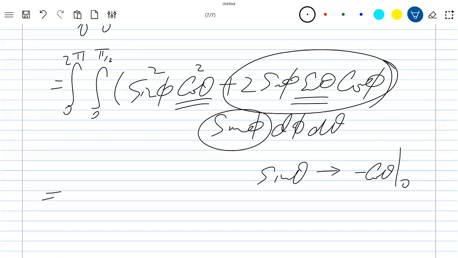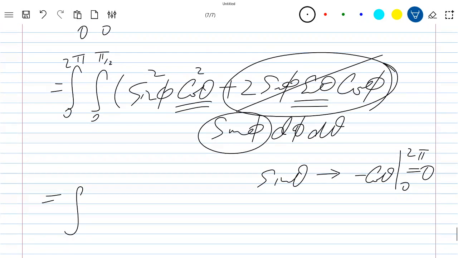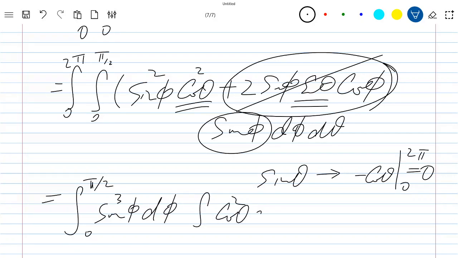Then you plug in the limits, what do you get? 0. So that's gone. So we only need to worry about the first part, right? Then you have sine theta, sine phi cubed from 0 to pi over 2, times cosine theta squared.